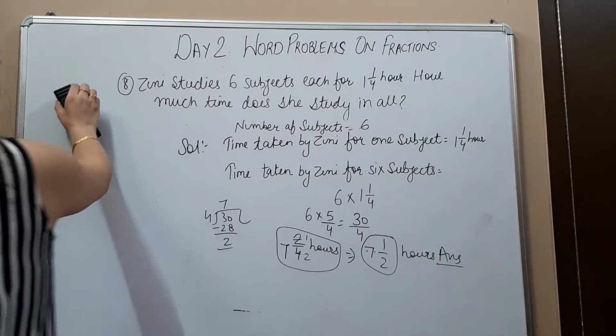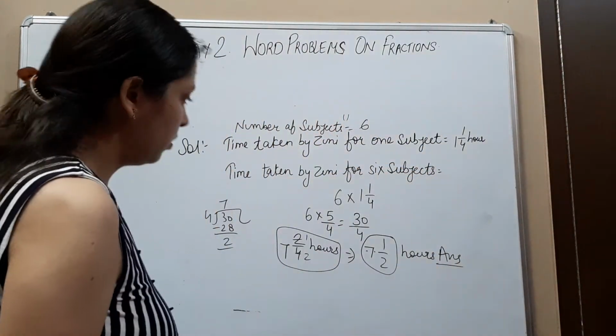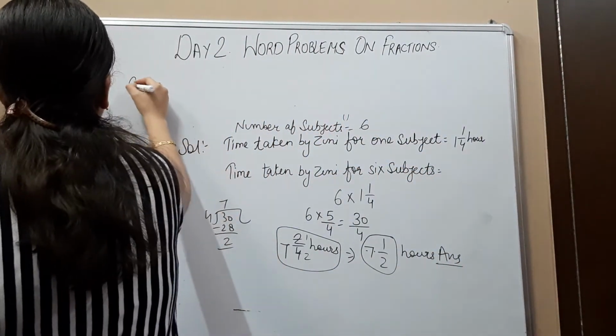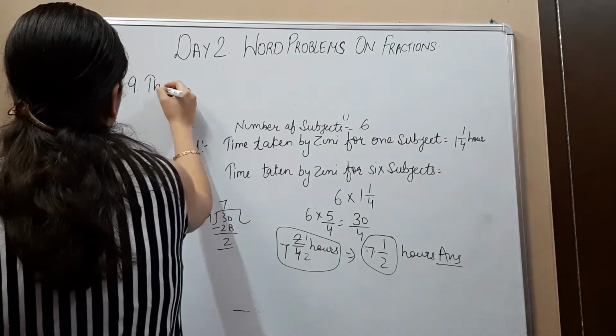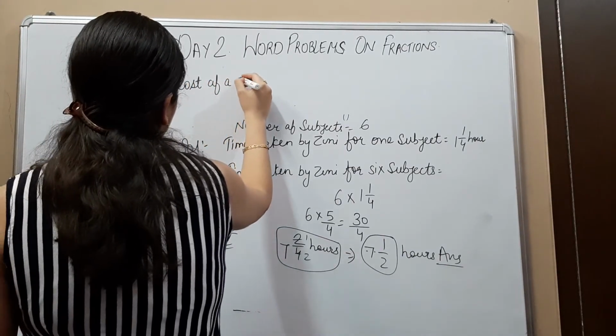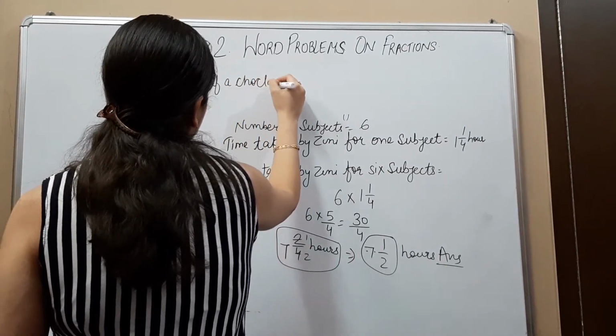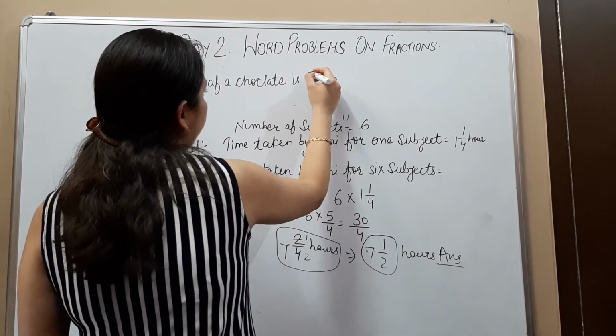Let's move to the next question, number 9. The cost of a chocolate is rupees 44 by 3.